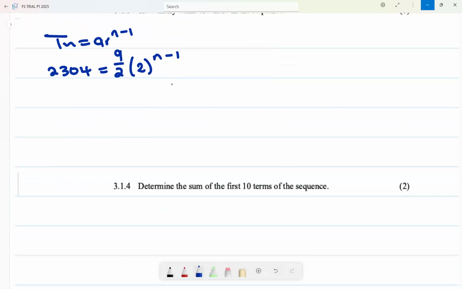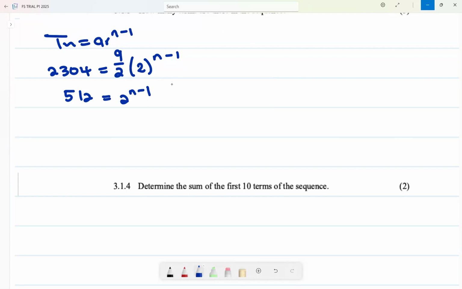And then just become a mathematician there. How? Divide by 9 divided by 2. Basically, dividing by 9 over 2 is multiplying by the reciprocal, which is multiplying by 2 and then dividing by 9. 2304 multiplied by 2 and then divided by 9 gives me 512, equal to 2 to the power of n minus 1.